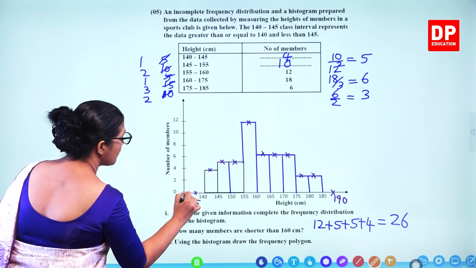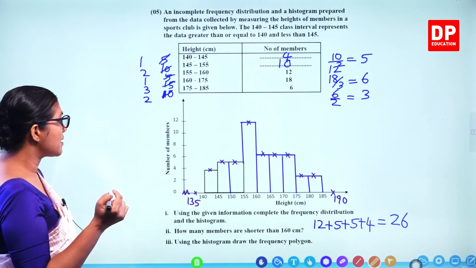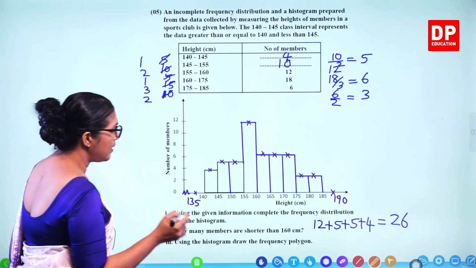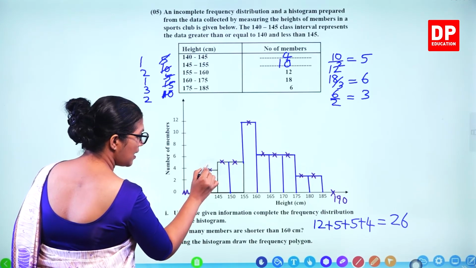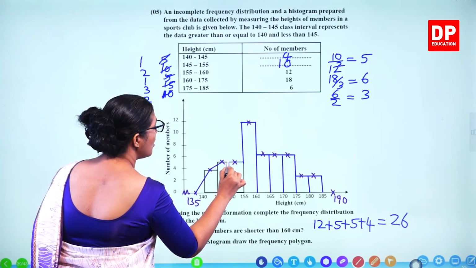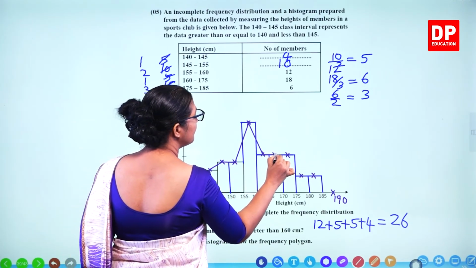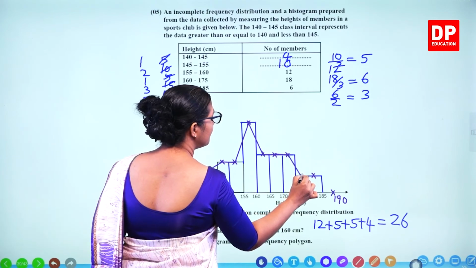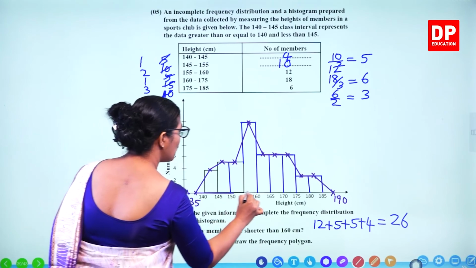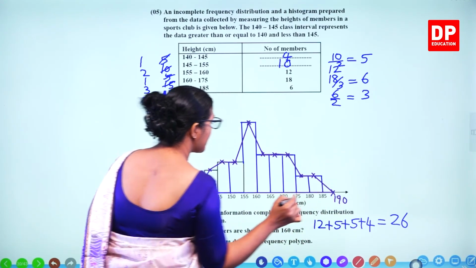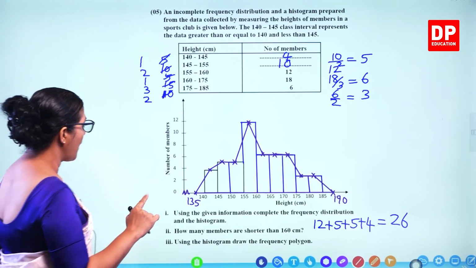This one is not starting from 0, so we'll put a line like this, mentioning that it's not starting from 0. Now you can draw the frequency polygon. Connect all the midpoints. And then we'll complete the full polygon. We'll draw this line also, so you get the full graph.